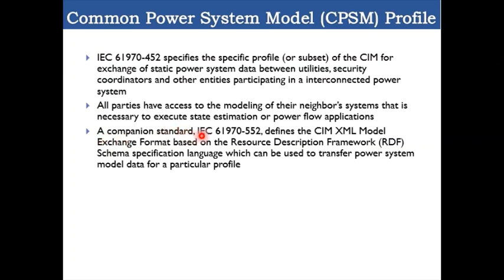The companion standard, 61970-552, defines the SIM-XML model exchange format based on RDF, that is the RDF schema specification language that can be used to transfer power system model data for a particular profile.